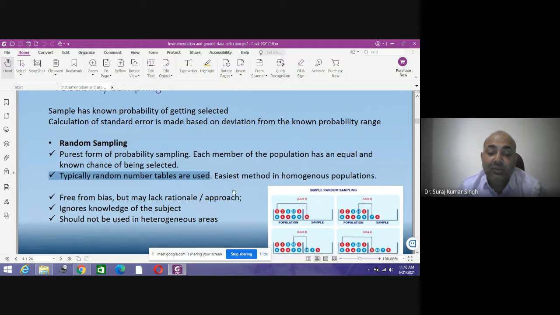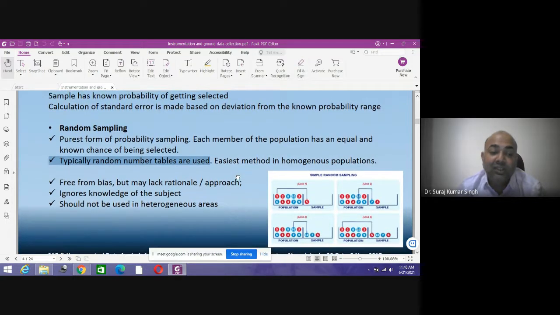So what do you mean by random sampling? Random sampling is the purest form of probability sampling. Each member of the population has an equal and known chance of being selected. Typically, random number tables are used.